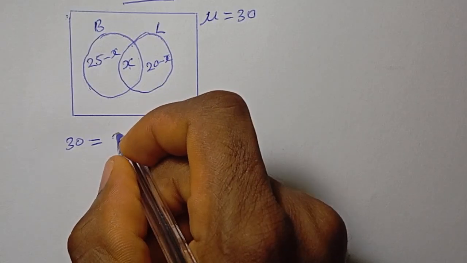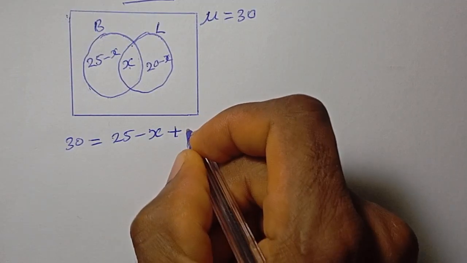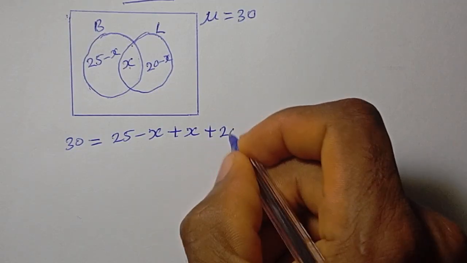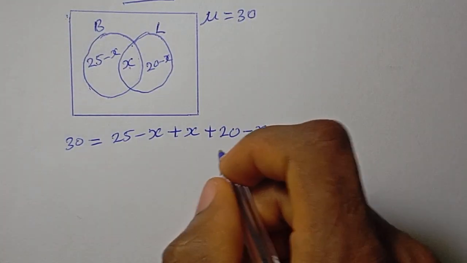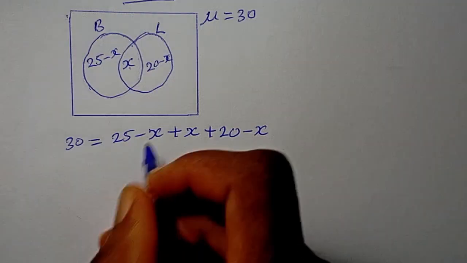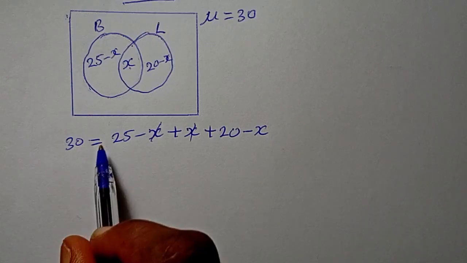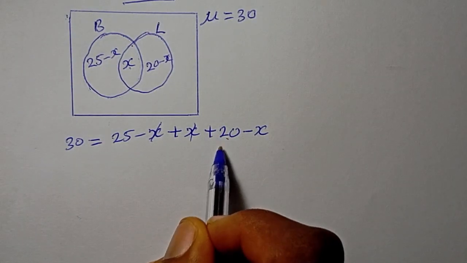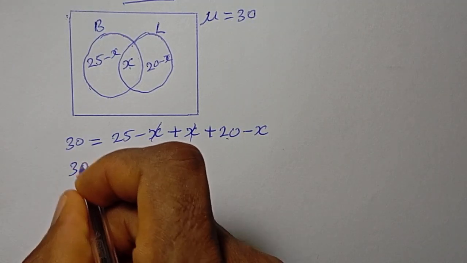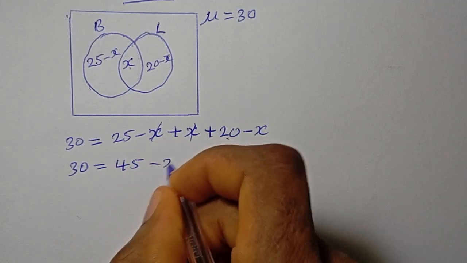We have 25 minus X, then plus X, plus 20 minus X. Then this X and this X will go. 25 plus 20 is 45. So we have 30 equal to 45 minus X.